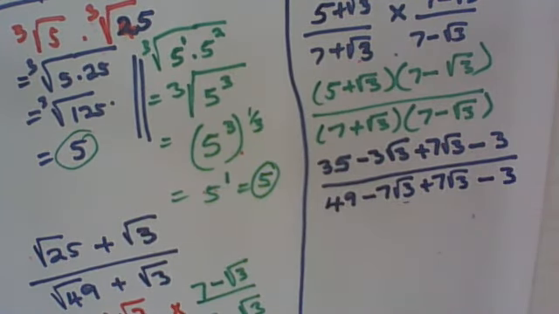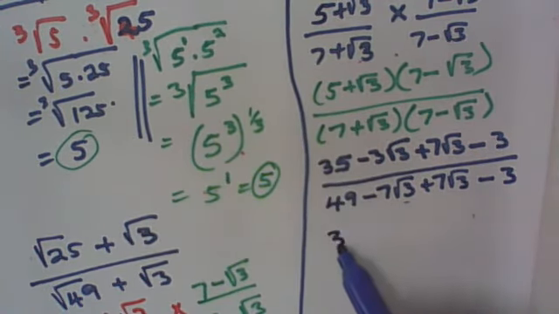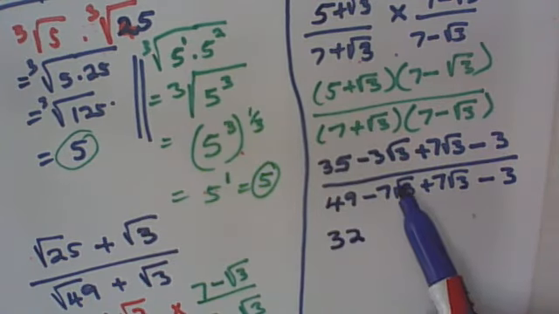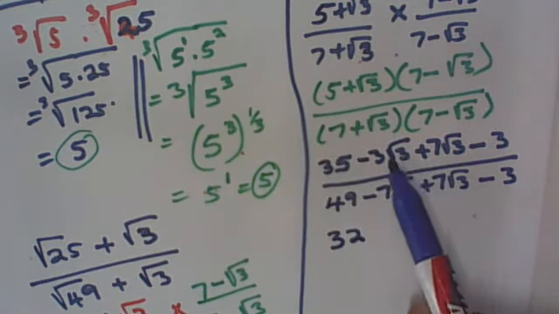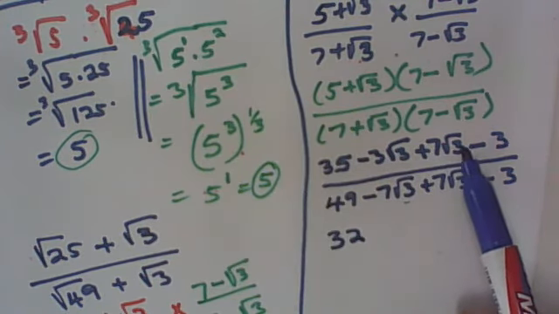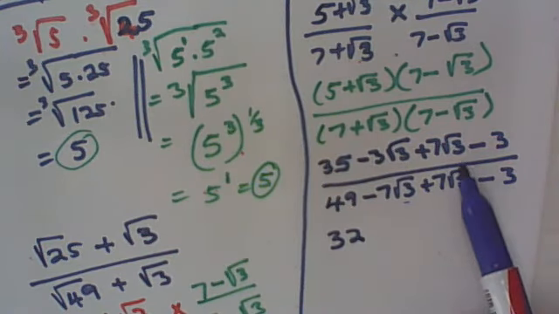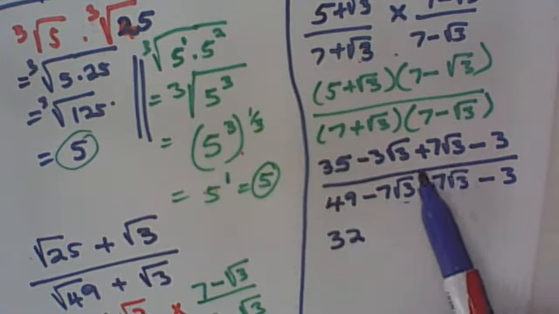Now let us try to get rid of some stuff. 35 minus 3 gives you 32. Now, these are like terms, square root of 3, square root of 3. Therefore, it's like minus 3x plus 7x. They are like terms, and like terms can be added or subtracted from each other.